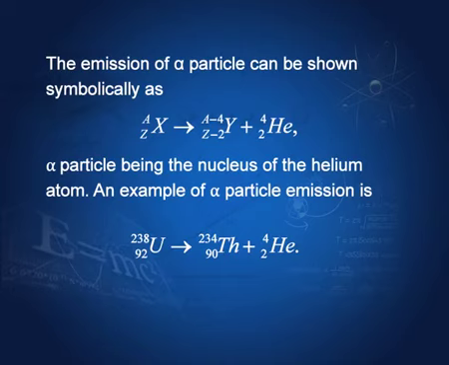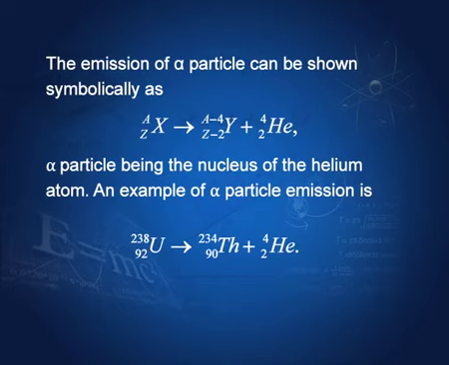So, it becomes A minus 4 and Z minus 2 Y, plus the alpha particle, which is helium 4 with charge 2. So, you can see A minus 4 plus 4 is A, Z minus 2 plus 2 is Z. So, the charge and mass are conserved.